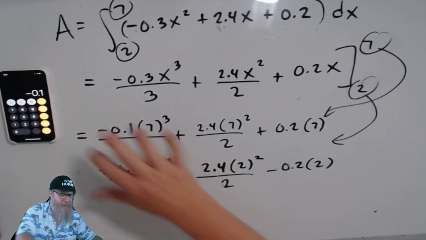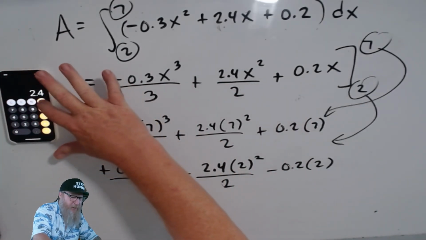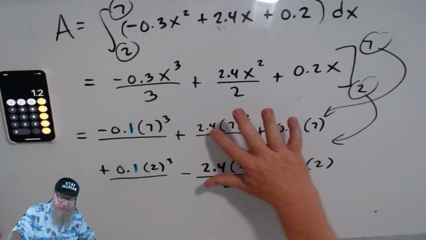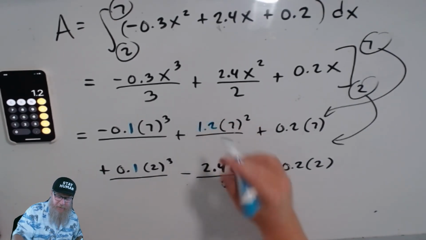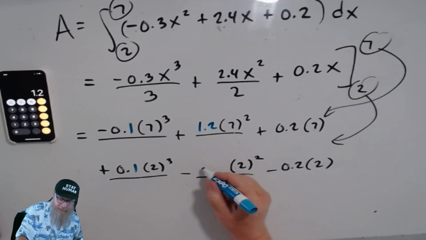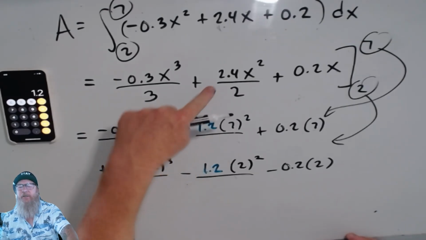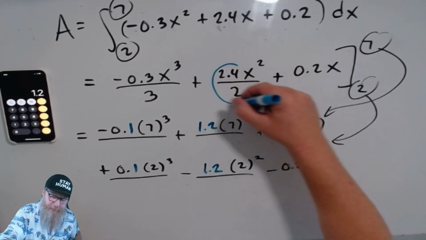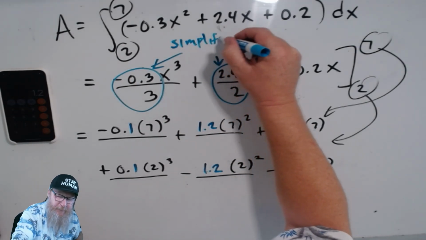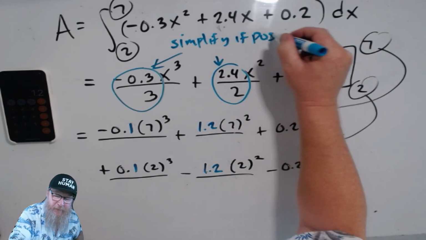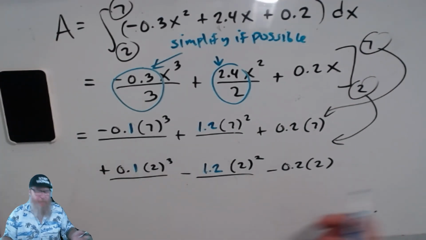So that makes those nice. 2.4 divided by 2. Now, if this is not possible, you can skip this step. But the more simplifying you do now, the easier it's going to be later. So I divide the coefficients whenever possible. If it wasn't possible, I would skip that step. It just makes the rest of the problem a little bit easier.